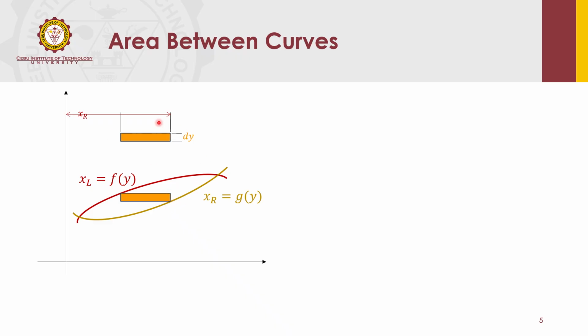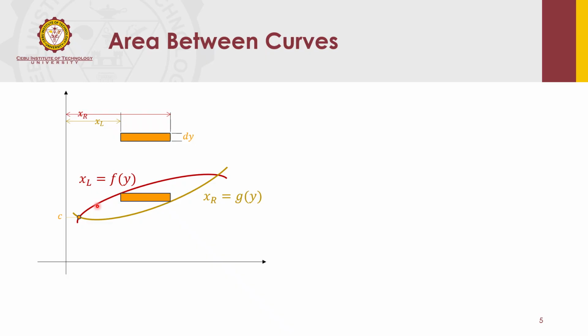So we label it as x sub r. And for this one, the distance of this point here from the y-axis is labeled x sub l. So the length, therefore, of the horizontal strip is the difference between the two values.